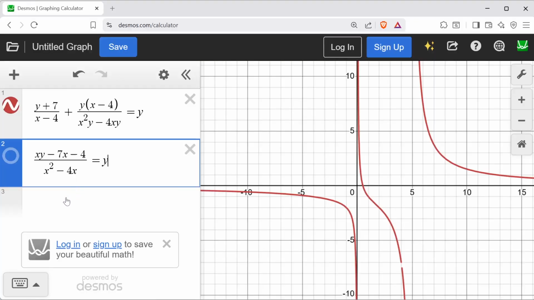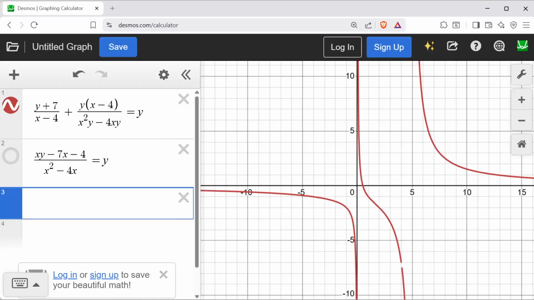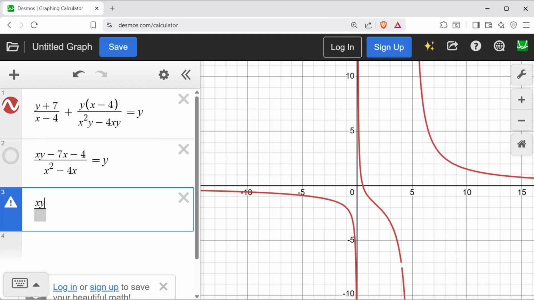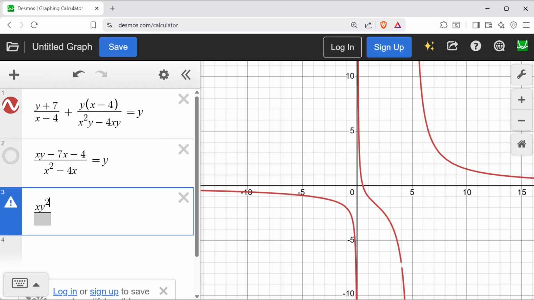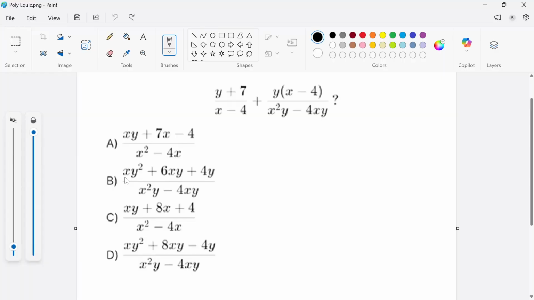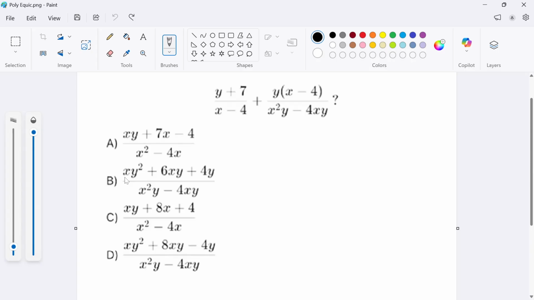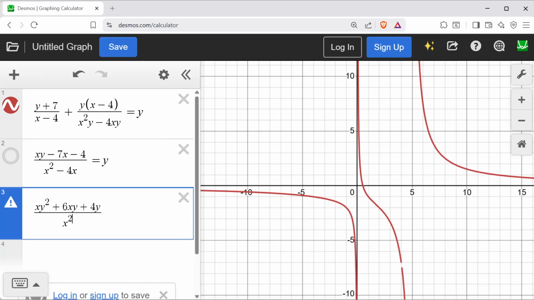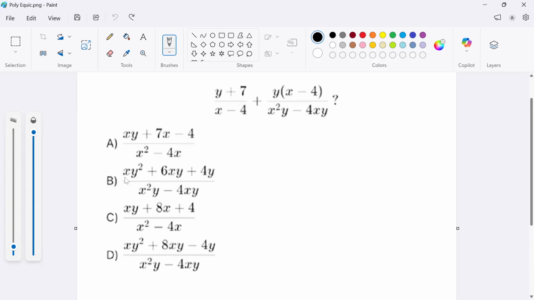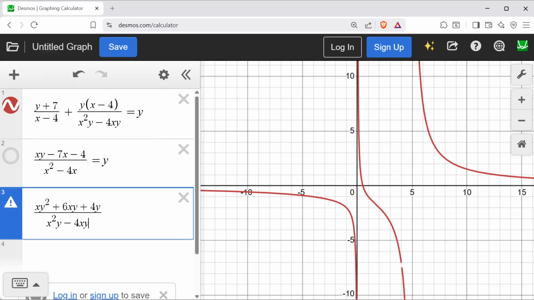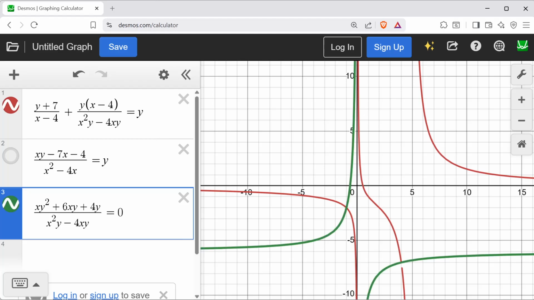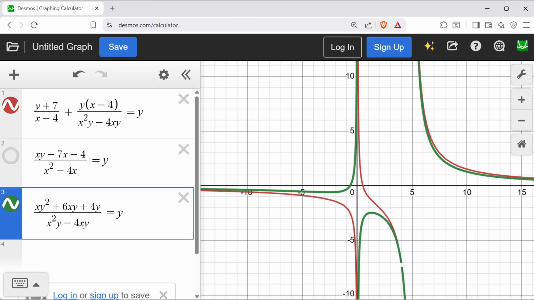Here is B. I'm going to put that xy squared plus 6xy plus 4y divided by x squared y minus 4xy, and I want it equal y. And notice that's not the same either.